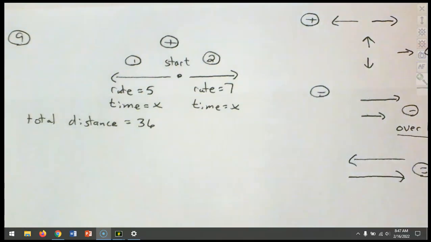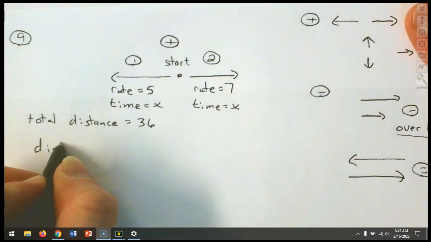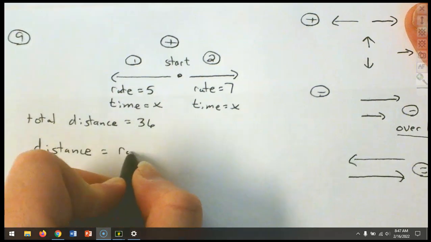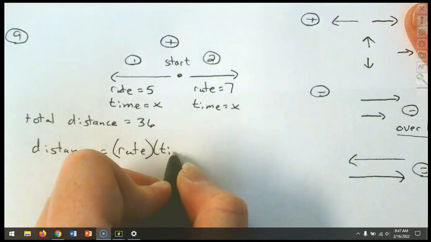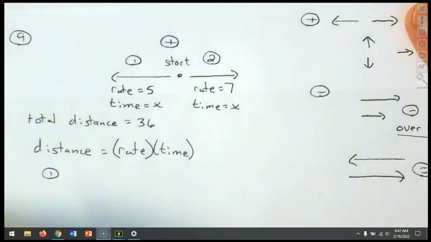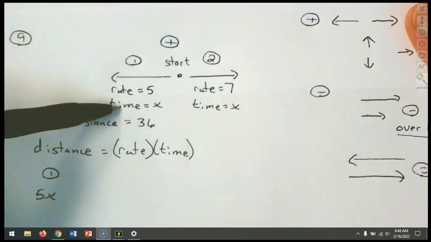So now what does our equation look like? Well, we use our distance formula again. And distance is the rate times the time. And so our first one is going to be 5x, right? Because that's 5 times the x there.